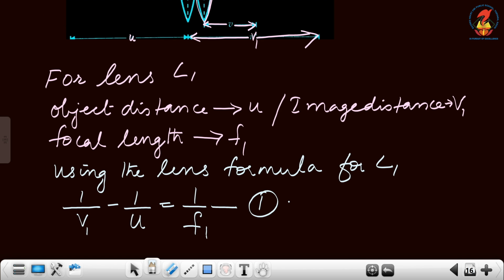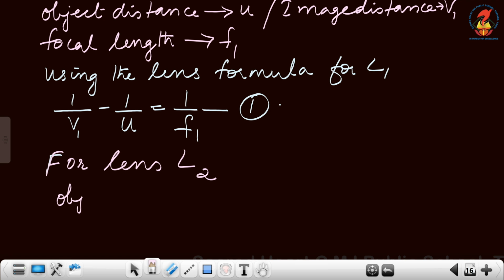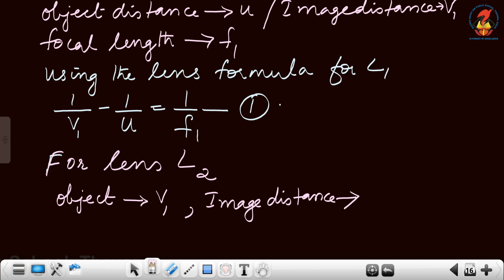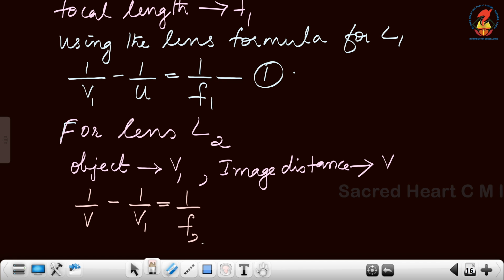Now what is the next step? The image formed by lens L1 acts as a virtual object for lens L2, and hence for lens L2, the object distance will be V1 and the image distance is V. So using the lens formula we get 1 by V minus 1 by V1 is equal to 1 by F2.